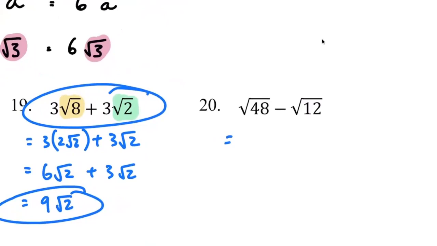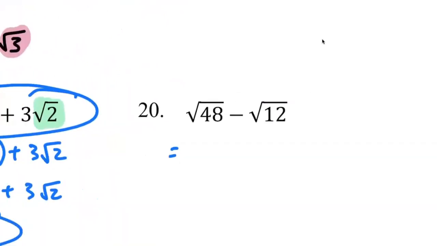So number 20, they seem to be not like terms, but we can simplify this. It's 8 times 6, but it's also 16 times 3. So again, think of these number combinations. Okay, 16 times 3 may not come to you straight away. It's okay, but now that you're exposed to 16 times 3, that is 48.